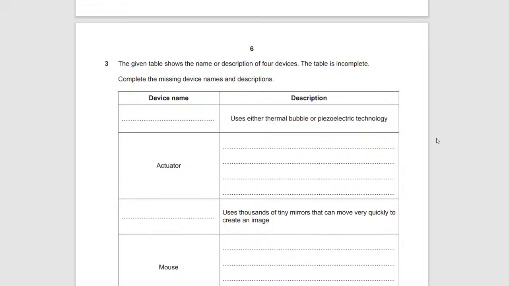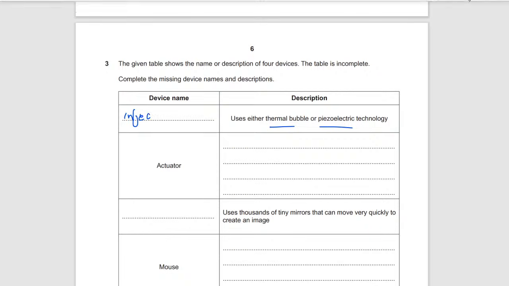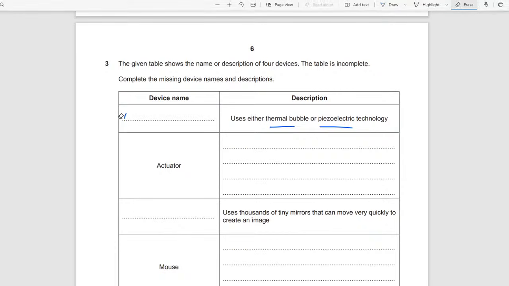So let's see. Uses thermal bubble or piezoelectric. Once you hear piezoelectric, you already know it's an inkjet printer. So it's basically an inkjet printer, so I'm just going to write inkjet printer.